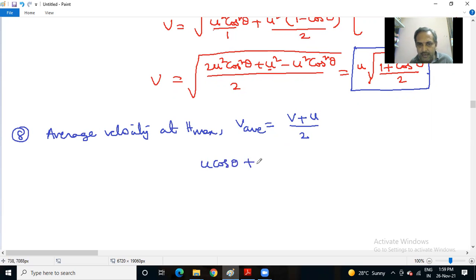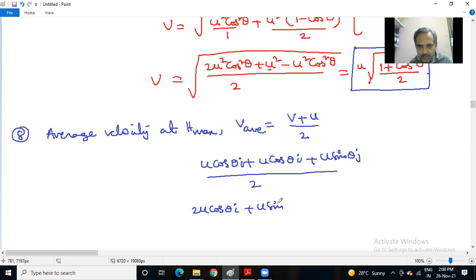But initially, both: U cos theta i plus U sin theta j, whole divided by 2. Now it will be 2U cos theta i plus U sin theta j, divided by 2. So this is the expression of average velocity in vector form at maximum height.